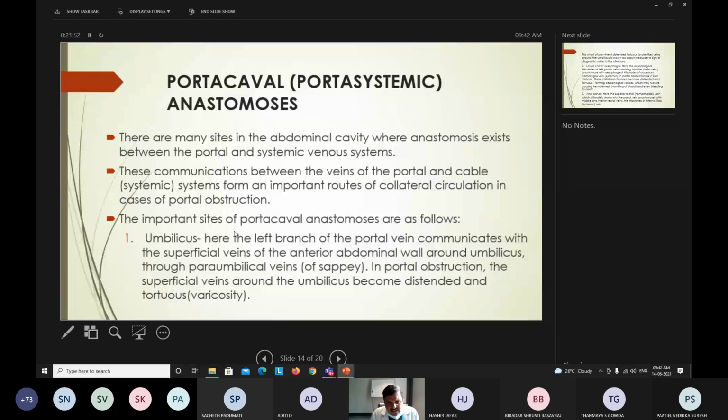There are many sites in the abdominal cavity where anastomosis exists between the portal and systemic venous systems. You remember this point: portocaval anastomosis is a short note.